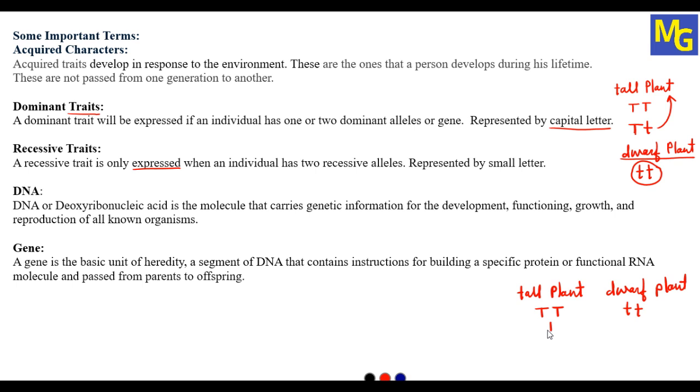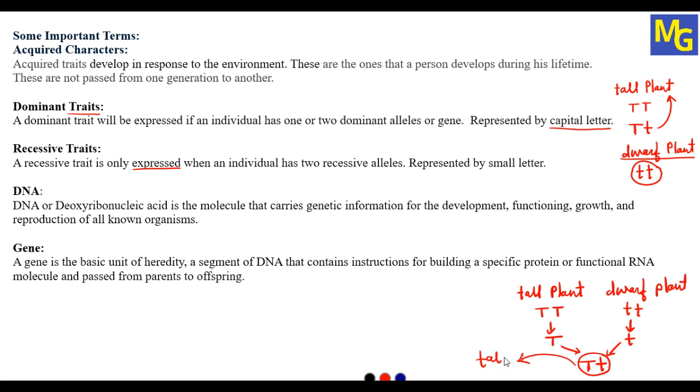From capital T, one gene I will write T, and from small t, one gene is small t. When these both are crossed, we will get a plant with capital T and small t genes. If you focus here, one T is capital and one t is small. So capital is dominant and this will be expressed, and therefore this plant will always be tall.